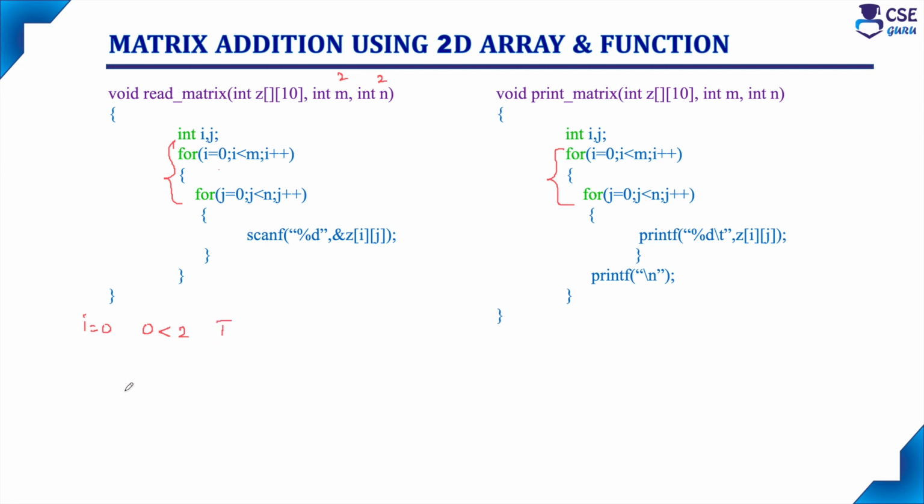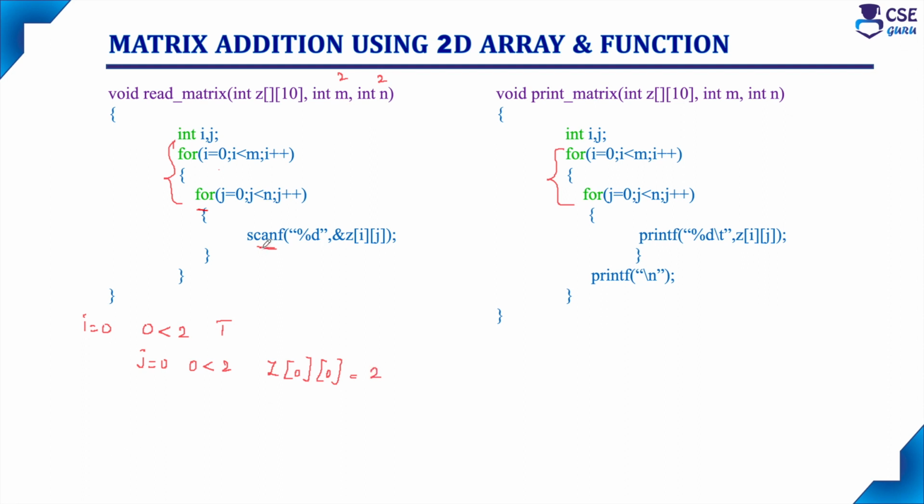Condition is true. So control goes to the inner for loop, that is the jth for loop. So here, when j value is 0 and 0 less than 2, using this scanf statement, it will accept and store the input. i is 0, j is 0. So z of 0, 0, it will store some value. For example, 2 I have given.